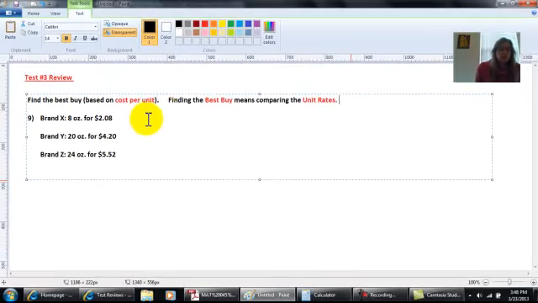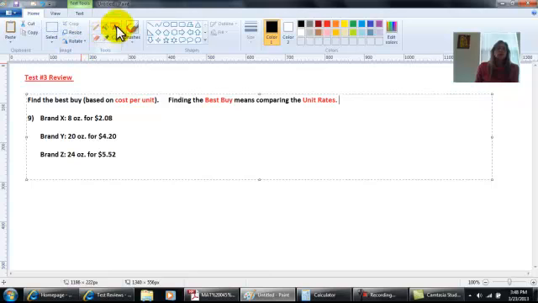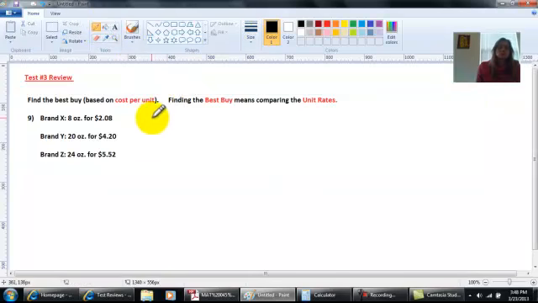Here's what happens to most people: you end up writing the ratios as they're written, because we're so used to that. It's 8 ounces for $2. So we write our fractions as 8 over 2, and it is not wrong, but we have to understand what we're doing when we do that.